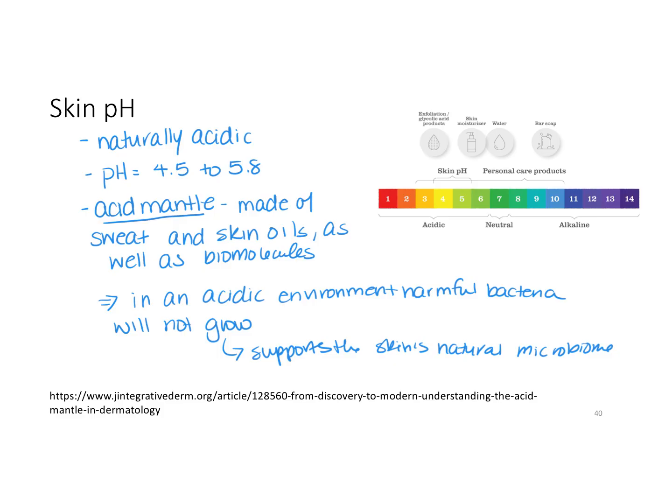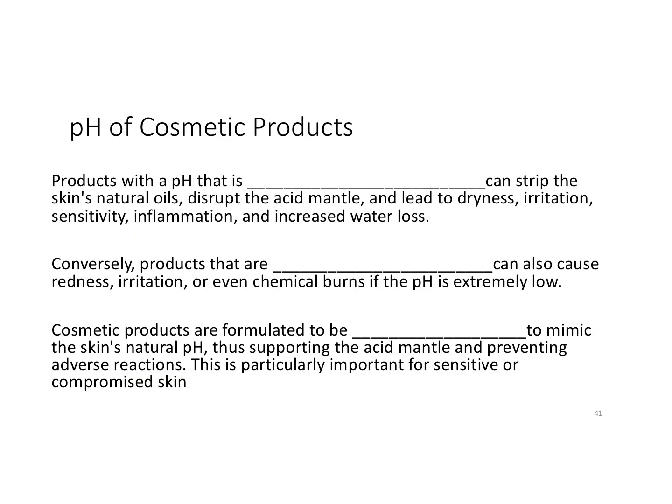So when we develop cosmetics, right, we don't want this to disrupt the skin pH. We can have some problems if it does. So if you have a product with a pH that is too high, right? So this would be something that is basic. A lot of times it's called alkaline.